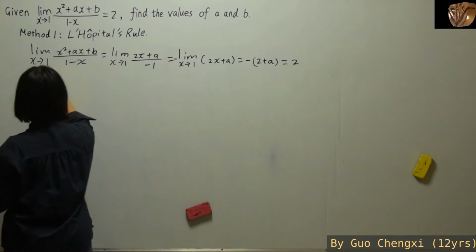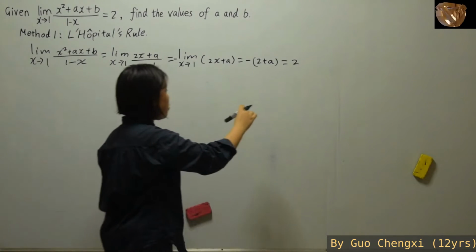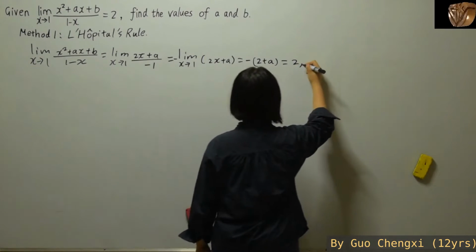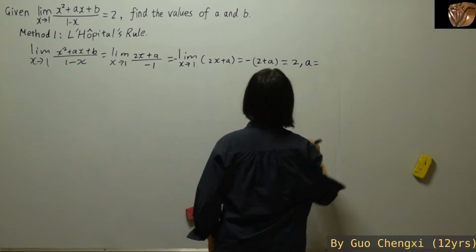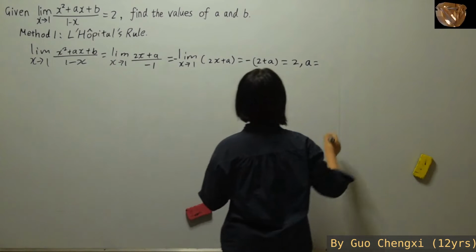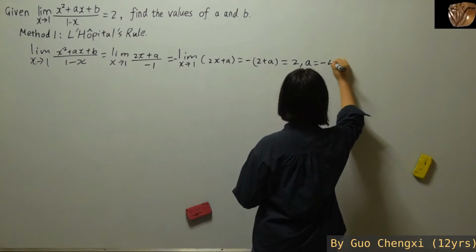So what can we tell from this part? a will have to be equal to -4.